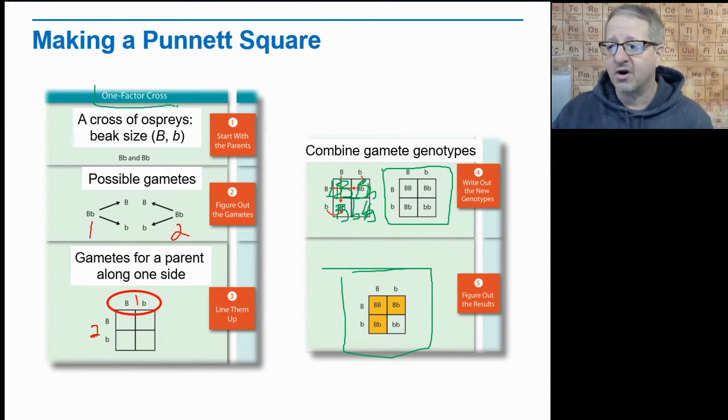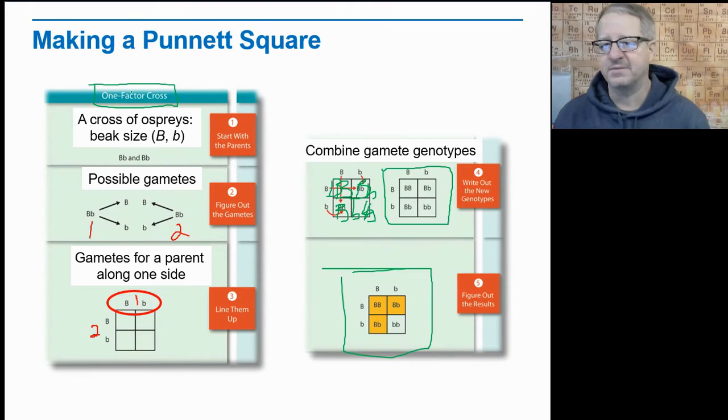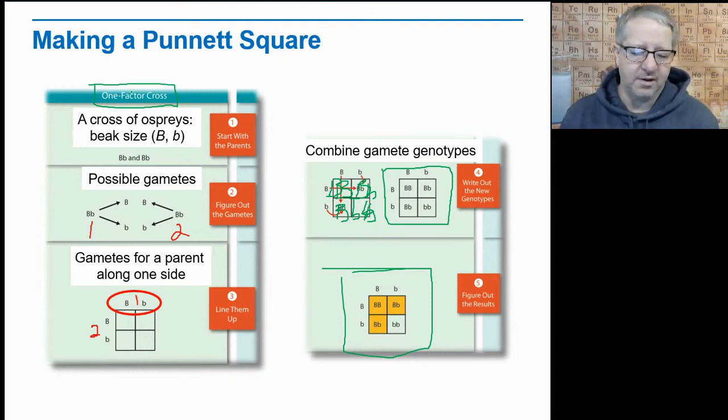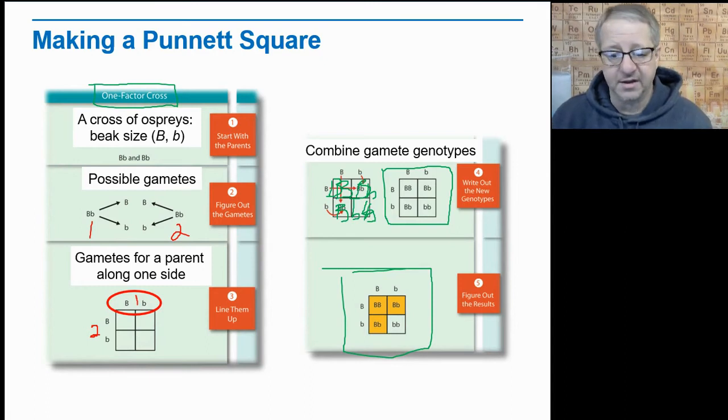In a one-factor cross, you can only ever have 2 phenotypes anyway. Sorry, you'd have 3 different genotypes, but only 2 phenotypes because it's a one-factor cross, meaning there's only one factor in determining the outcome. Okay, so we have a big B or a little b for each of the alleles.